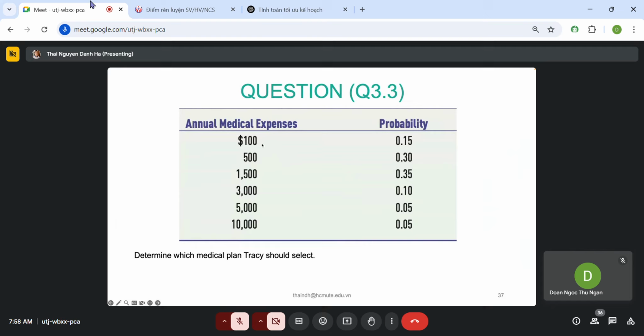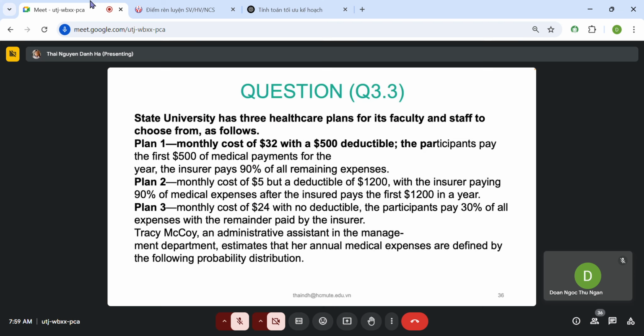This is the annual medical expenses. It means this is the bill she has to pay annually. Annually, what does it mean? Annually means every year. Each year, she needs to pay the medical expense, right? However, the information we have here is just the monthly cost or monthly fee.